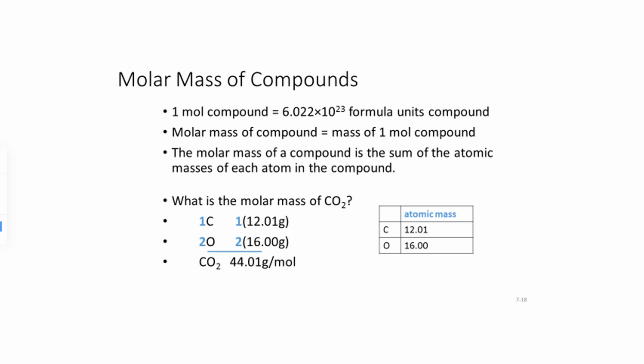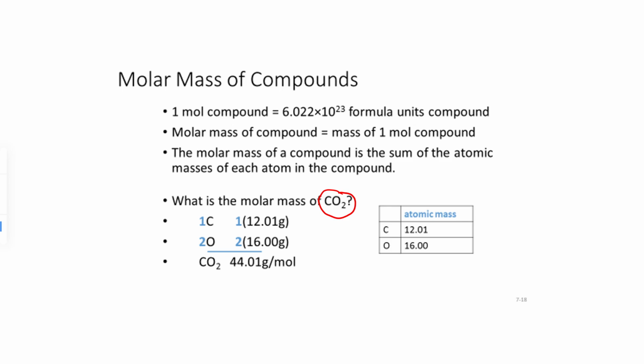So, if we want to get the mass of this, if you remember previously when we talked about atomic mass, it's listed on the periodic table. So that's the number of protons, neutrons, and then it accounts for the number of electrons.